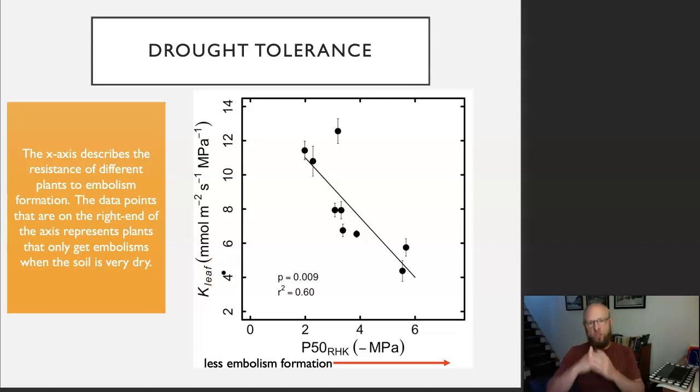So there's a trade-off between the ability to transport water, K-leaf, and the ability to tolerate drought, that embolism formation. Having large pipes is really good for moving lots of water, but it's not so good for moving water when soils are dry. So that's one trade-off associated with this pathway for water movement.